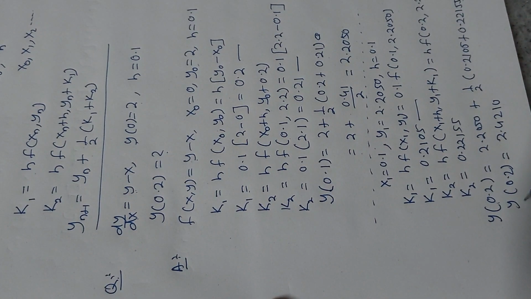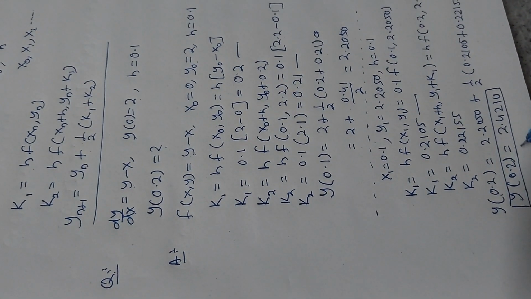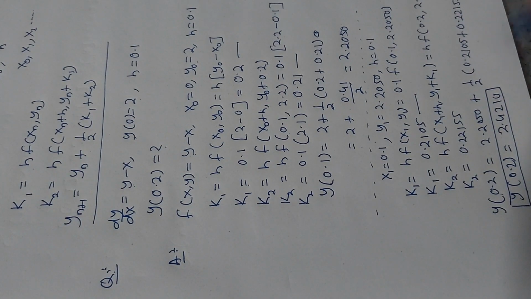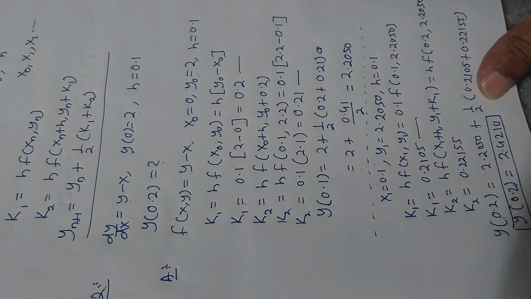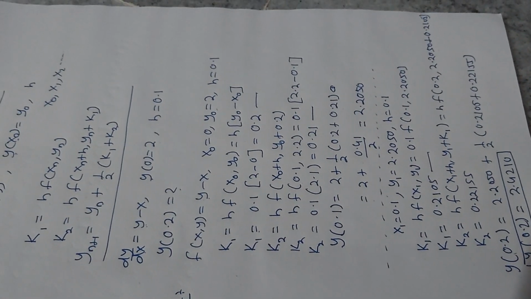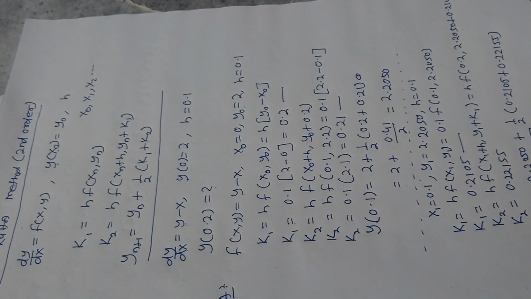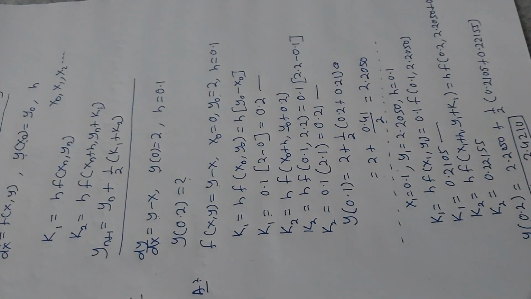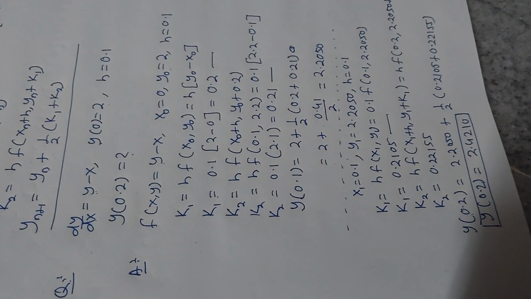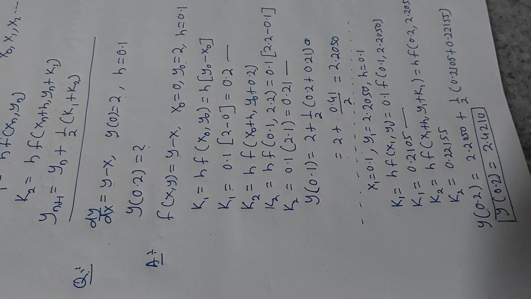This is the answer. It was asked in the question to find the value of y when x is equal to 0.2. This is the second order Runge-Kutta method. Thank you all.